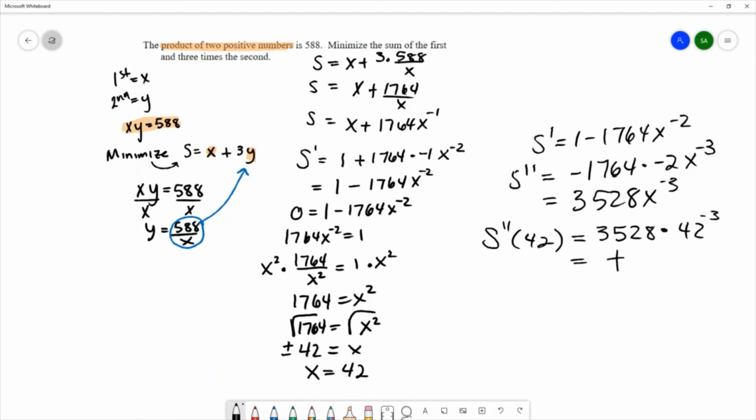When the second derivative is positive, that tells us concave up. And because we're talking about a critical number, that critical number has a horizontal tangent line. For concave up, those two things combined tell us that 42 will be a minimum value. So we know that 42 is a minimum.